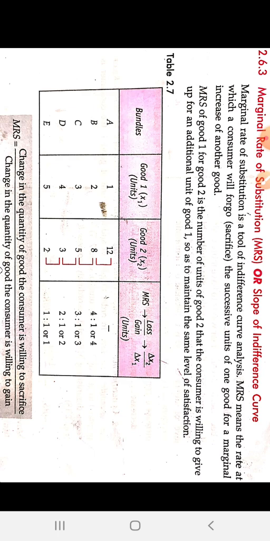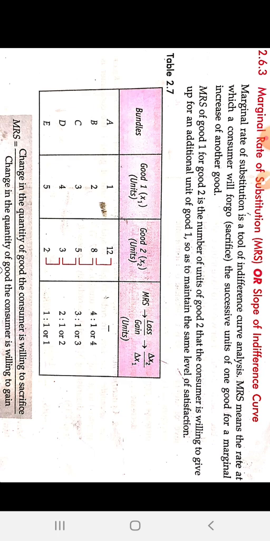Marginal rate of substitution is a tool of indifference curve analysis. We studied in the last class that the consumer has different bundles of goods, and the consumer is indifferent among all the bundles, because all of them give equal satisfaction, so he cannot prefer any of them.